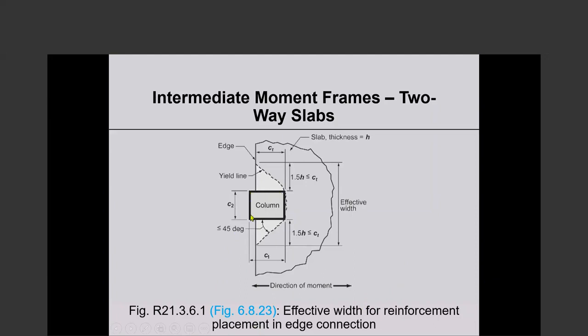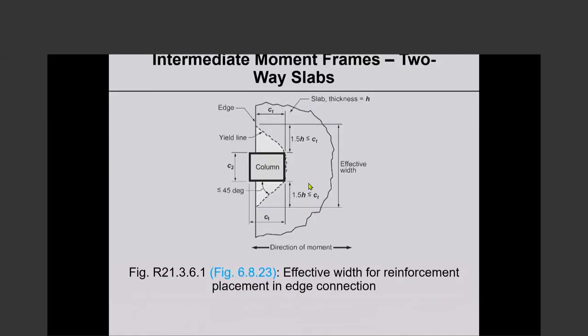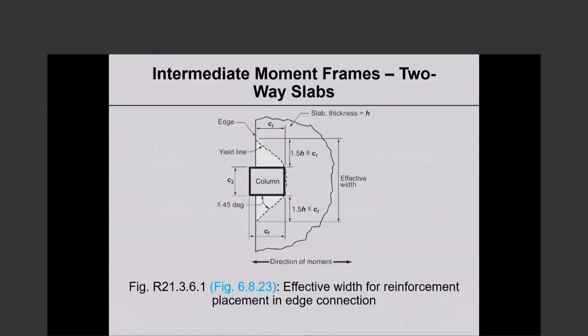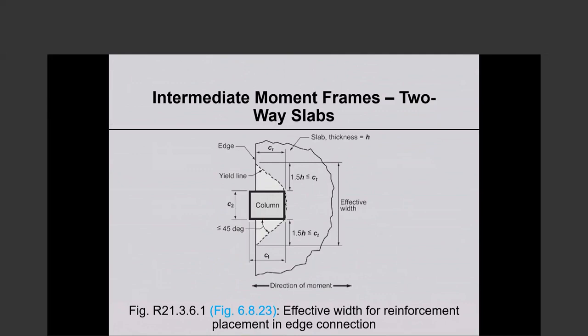When you have the situation where the column sticks out of the edge of the slab, this dimension C sub t from here to there, from the end of the column to the end of the slab, the 1.5 times h on either side shall not exceed C sub t. That is the stipulation that has been made in recent editions of ACI 318, going back quite a while.